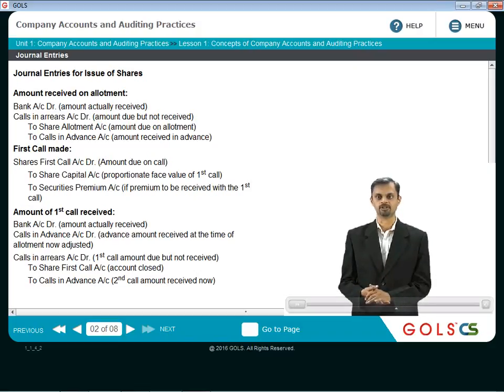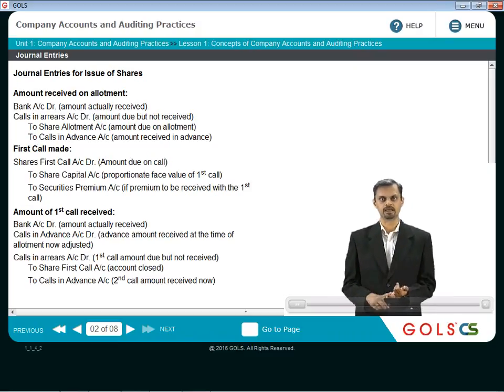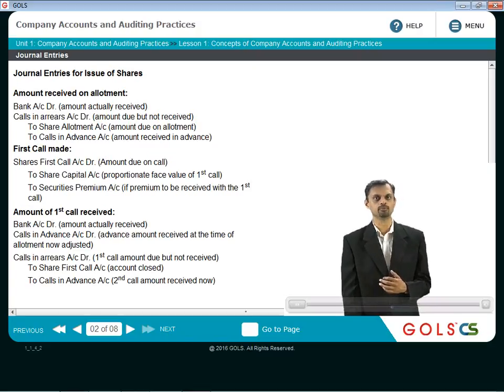It is up to the company. The company may collect it at the time of first call also. In that case, in the allotment entry, securities premium will not be credited; it will be credited at the time of first call. So share first call account debit amount due on first call, to share capital face value portion of the first call money, and to securities premium account. So this was the entry for the call amount becoming due.